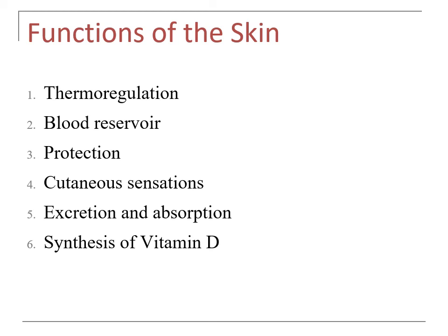In response to high environmental temperature or heat produced by exercise, sweat production from the eccrine sweat glands increases, and then the evaporation of sweat from the skin surface helps lower the body temperature, like you feel like you're cooling off.